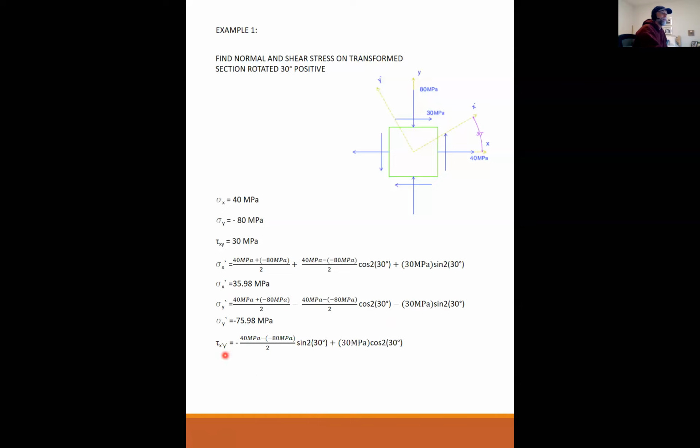And tau x prime y prime is minus 36.96 megapascals. And that is correct, it is negative. By rotating this thing 30 degrees, it's gone from a positive 30 to a negative almost 37. Any questions on this example?